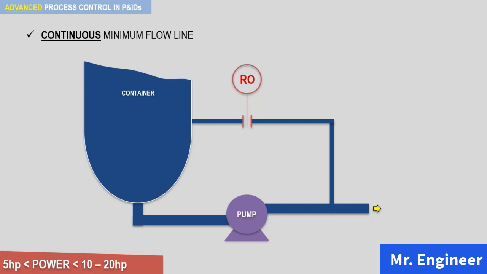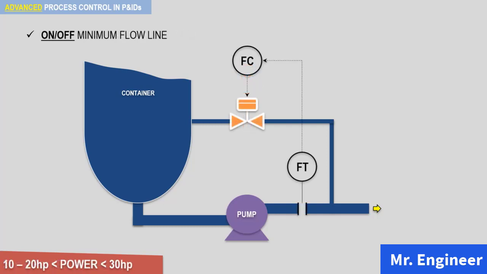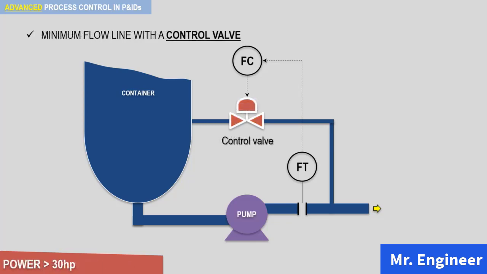For pumps with power between 10 to 30 horsepower, you need an on-off minimum flow line. This is a cheaper option than installing a control valve. In this case, the flow control loop will just provide an on-off function. Finally, for pumps with power higher than 35 horsepower, you need a minimum flow line with a control valve.